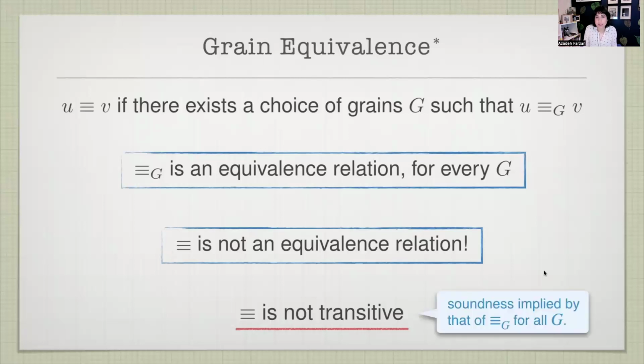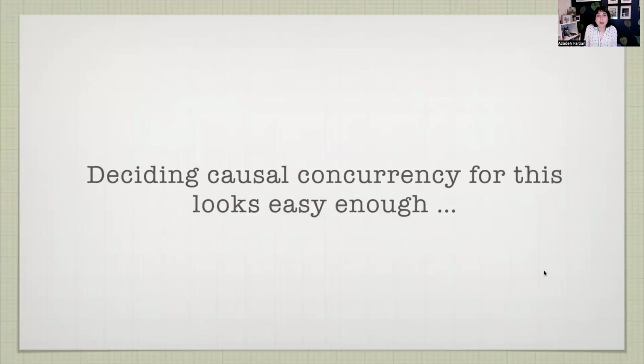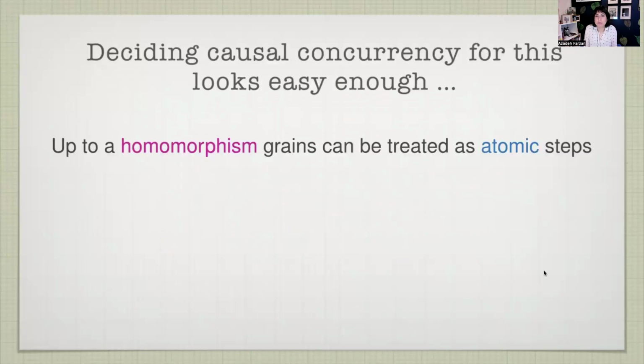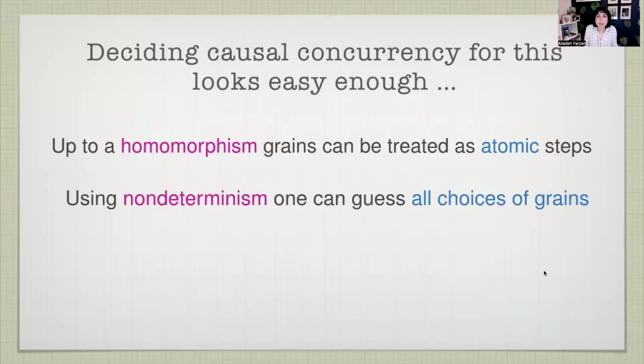And I can make it algorithmically happen because I can just say that, okay, optimal homomorphism, we said that we can really pretend that we are back in the Mazurkiewicz realm. And we know the language theoretic trick that lets us leverage non-determinism to make all possible choices of grains.